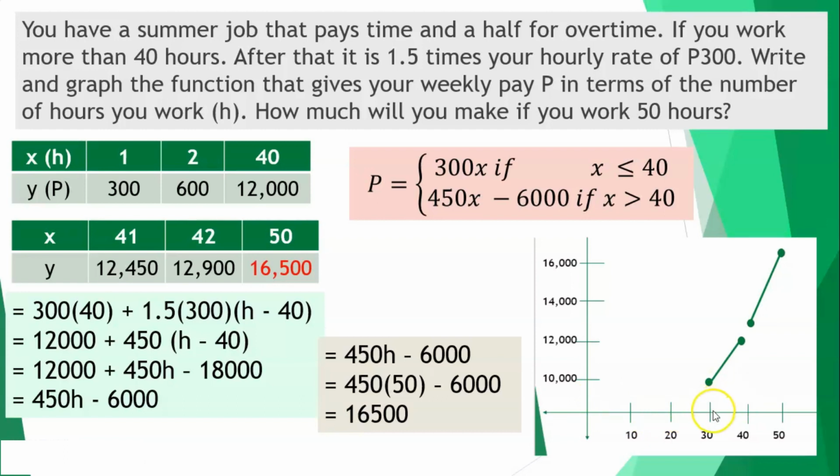At 40, you will get 12,000. But at 41, it's already 12,450. By the time it's already 50 hours, you will get 16,500 pesos. Take note, this is an example of a real-life situation involving piecewise functions.